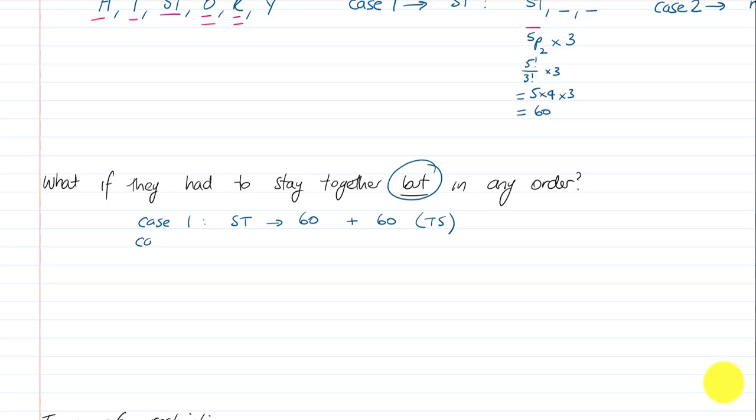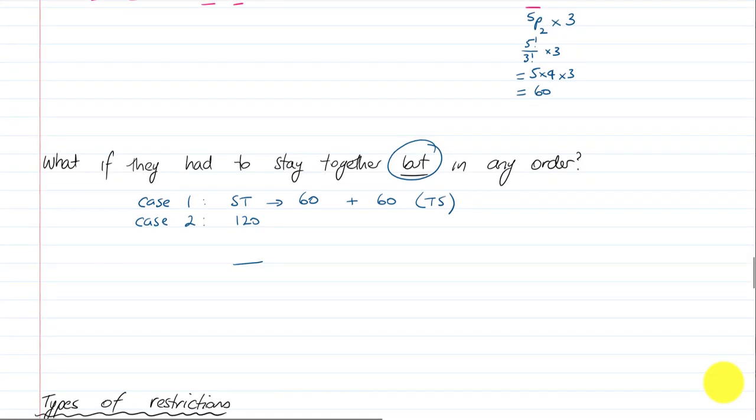Then case 2, of course, was no ST, which was 120 ways, and because ST is not included, we don't need to double count, because we don't need to think about TS. They're not included, therefore they're not counted at all. That gives us 240 possible options where ST or TS are together.